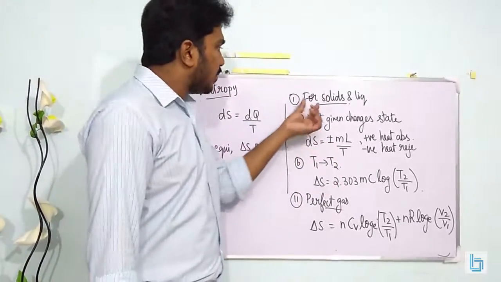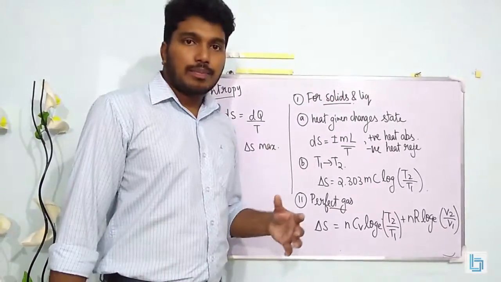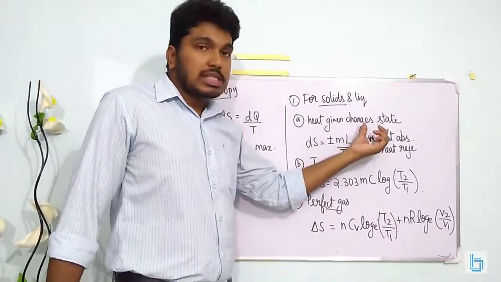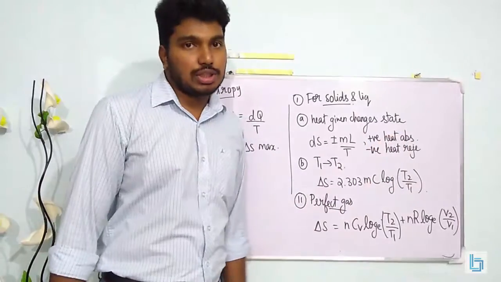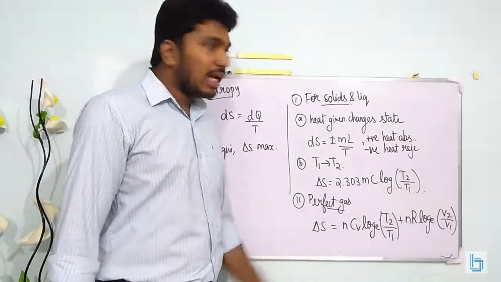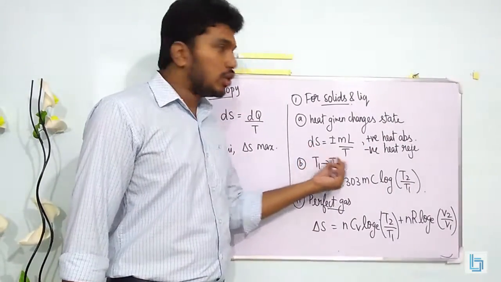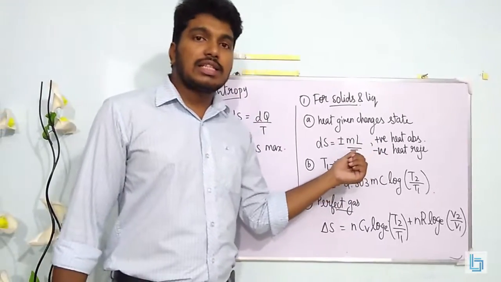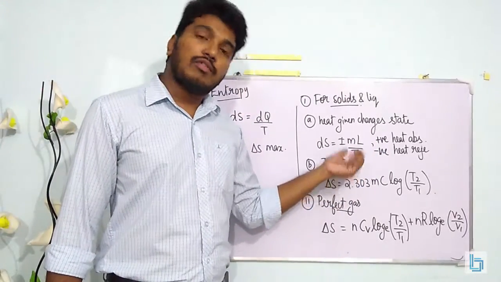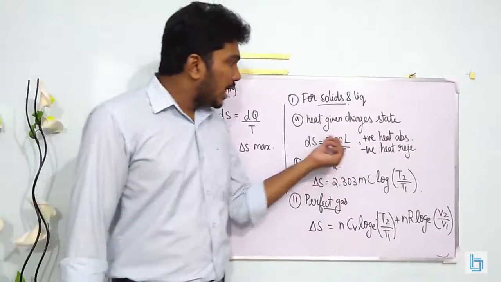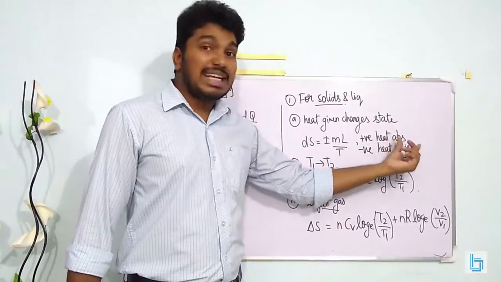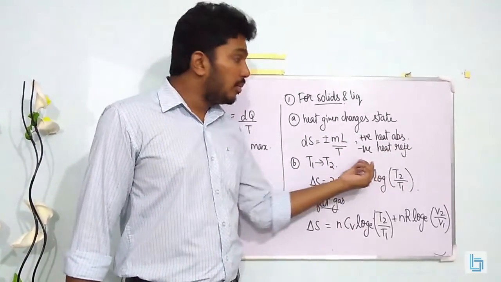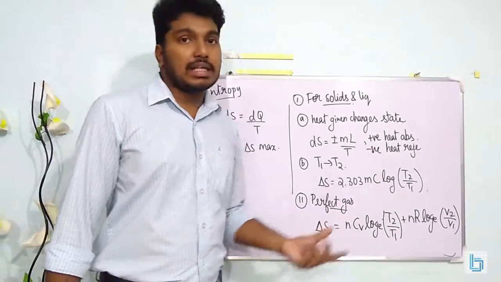Okay. Suppose we are taking a solid or a liquid, and the heat given to the system is used for a change of state. Then we can say that the corresponding entropy change will be equal to mL by T, where L is the latent heat of vaporization or fusion, and positive means that it is the heat absorbed. If it is heat rejected or evolved, it will be negative.